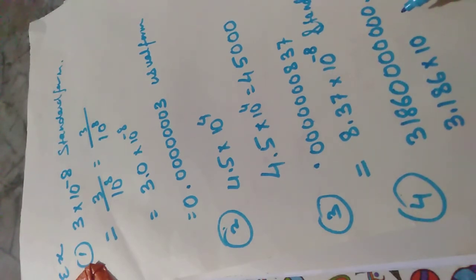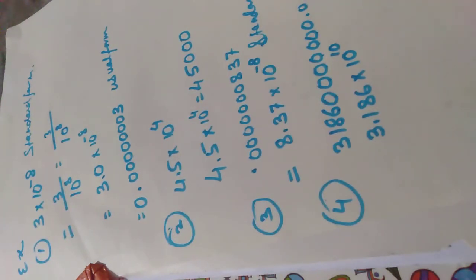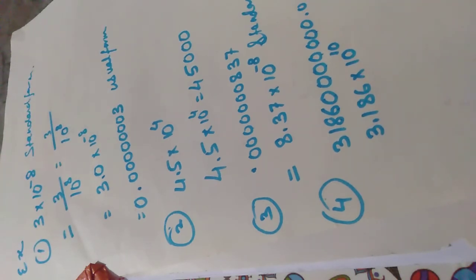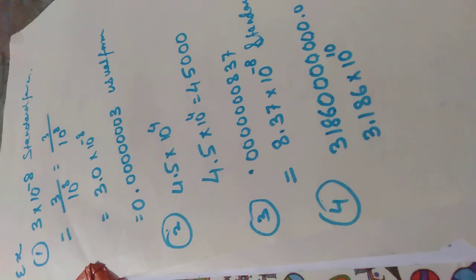Now the positive power will be there. From here 1, 2, 3, 4, 5, 6, 7, 8, 9, 10. So it will be 10 to the power 10. So that is how you can express the small numbers and the large numbers in the standard form and in the usual form. Thanks.